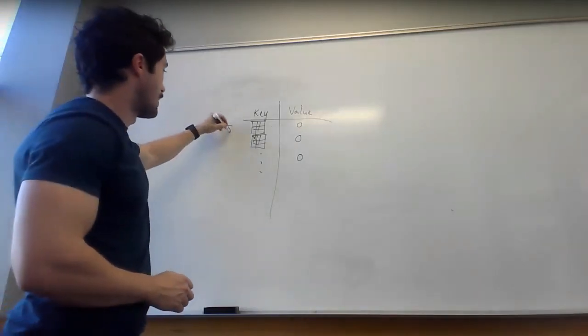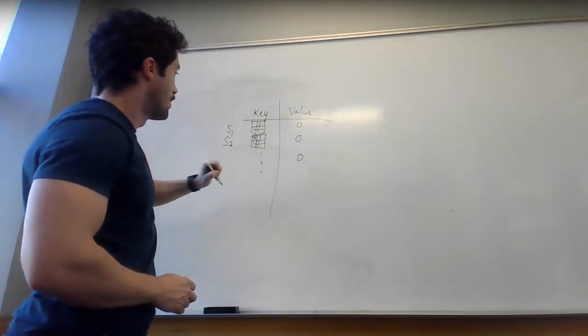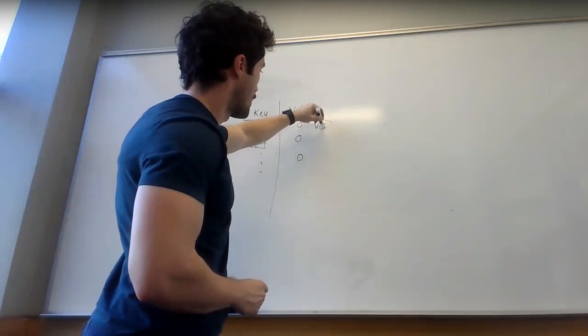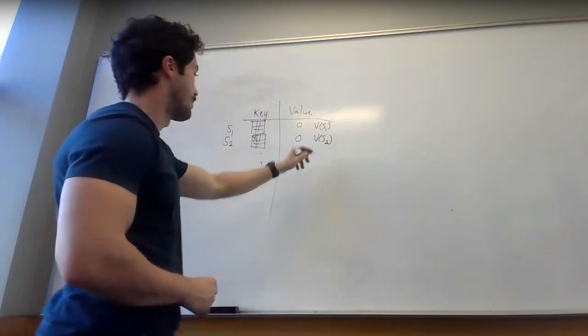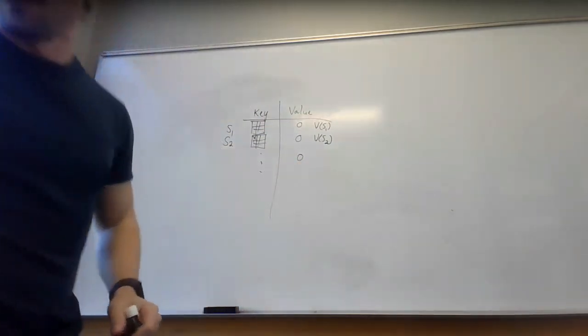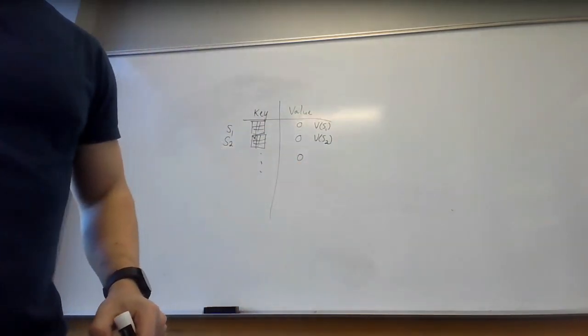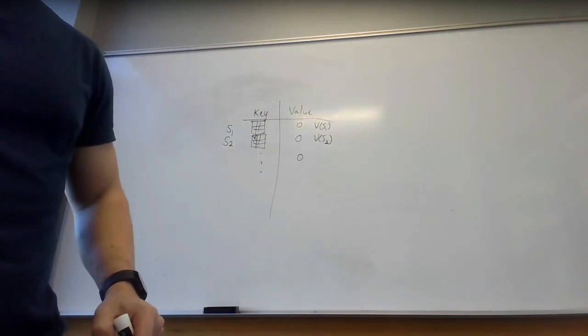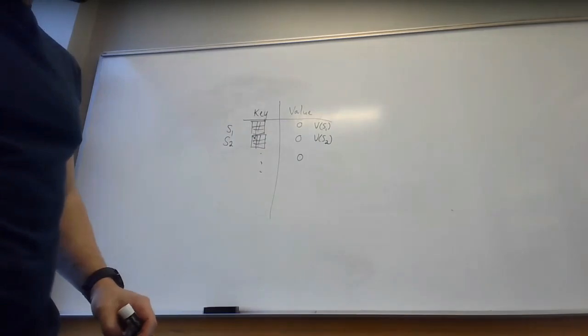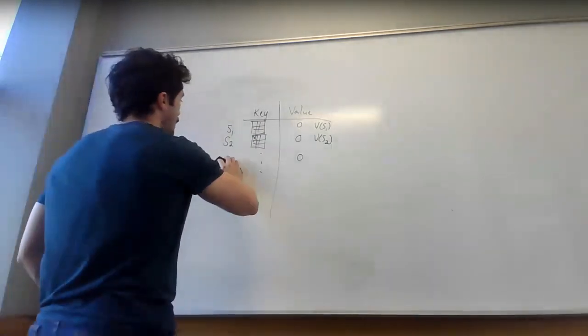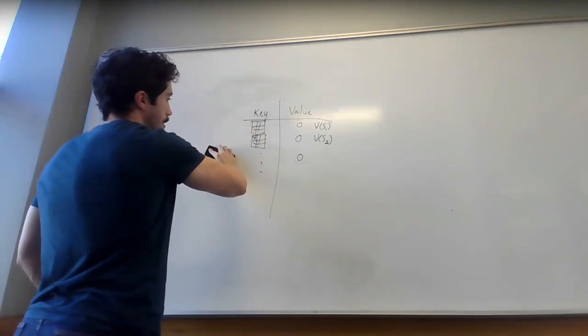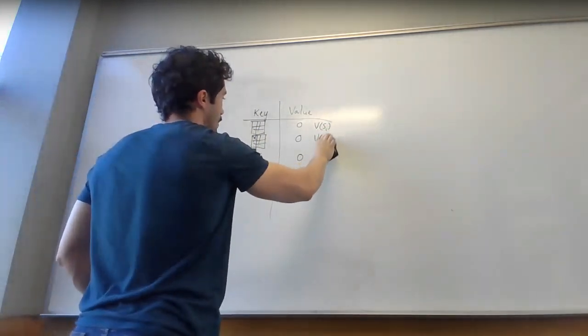So this is like state 1, state 2. This is V state 1, V state 2, and V state 3, and so on. I should change this a little bit. I should call those S1, S2.